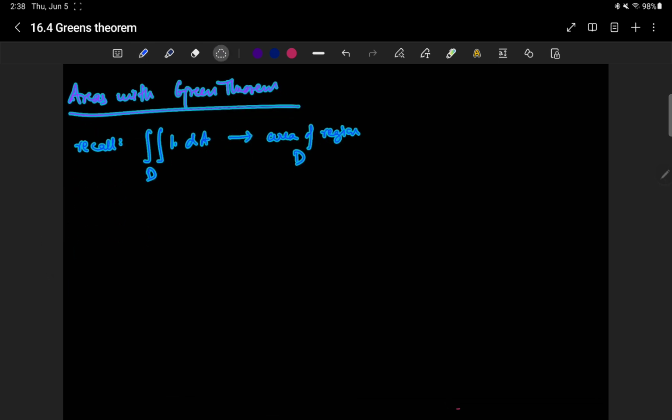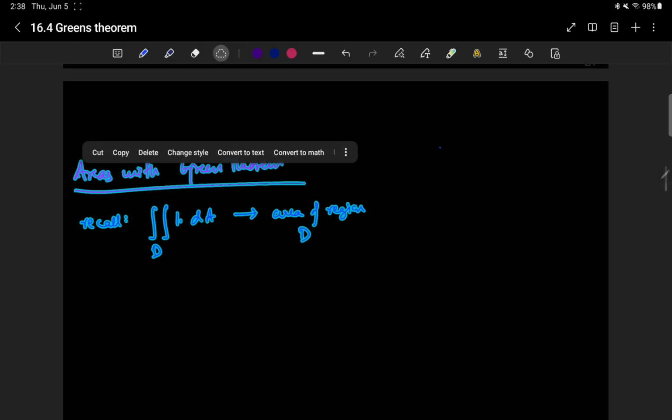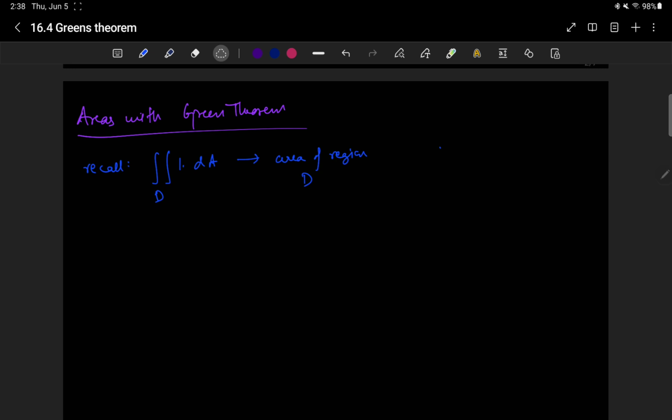Okay, so that brings us to the next idea, which is, well, we were lucky that that's what we got in the previous example, or is there something more that can be done with it? And it turns out that there is, because if you think about the double integral of del Q over del x minus del P over del y, if we can make that equal to 1, then we can get the area, right?